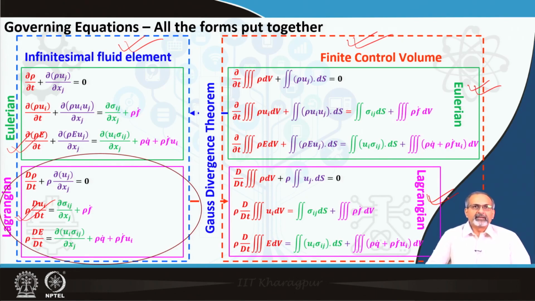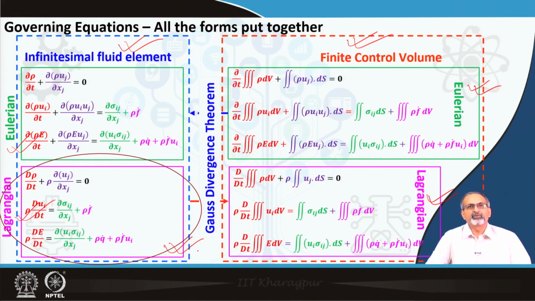take us from the integral to the differential world or vice versa, as shown through those two arrows in blue and red. And the form that we have encircled over here is done with a purpose, where we are focusing at an infinitesimal fluid element observed from a Lagrangian framework, because we will spend a little more time on that particular form.